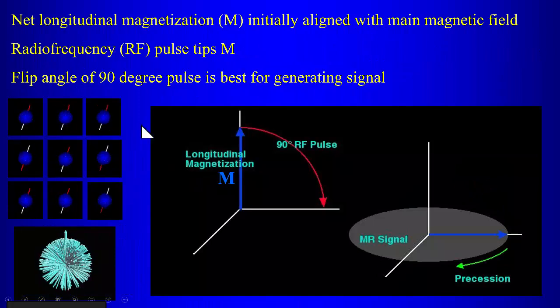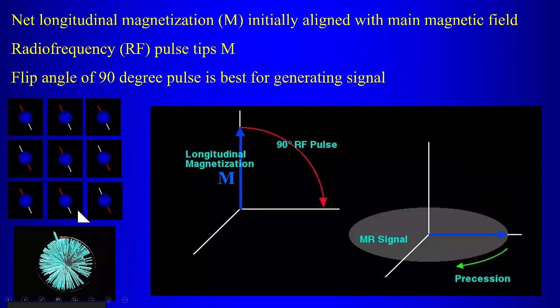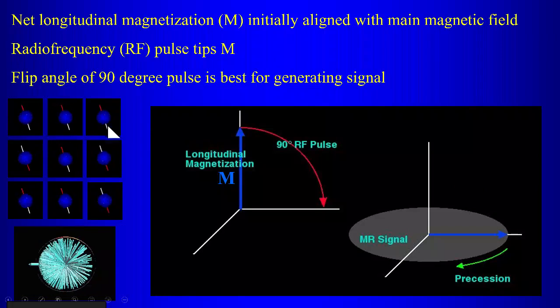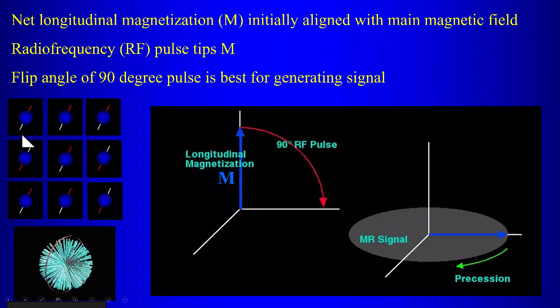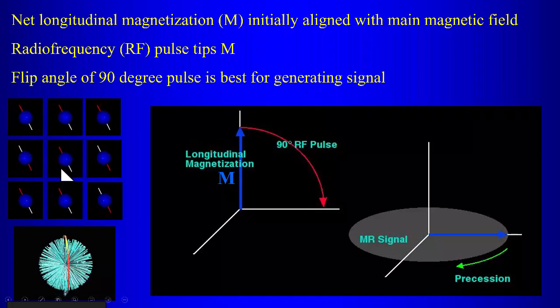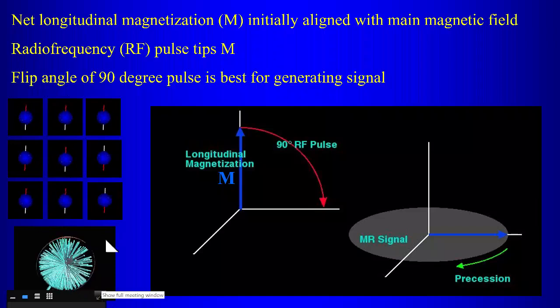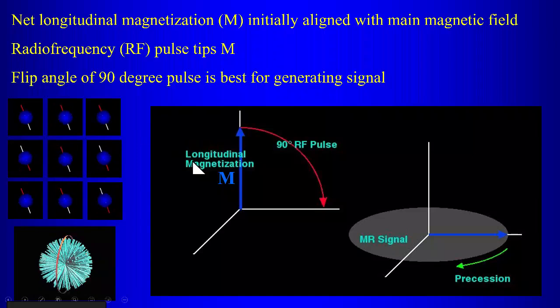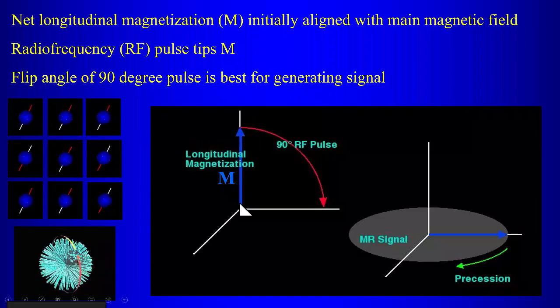Now, let's pretend we have an imaging slice here. You have an imaging slice, you have a whole bunch of protons within this, right? And they're all resonating, assuming that they're all feeling the same magnetic field strength. So they're all precessing at a certain rate, so that's what's depicted here. And we can think of adding all these vectors up to get a net longitudinal magnetization vector here that is aligned with the magnetic field.